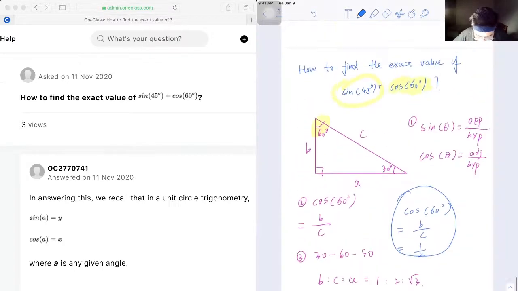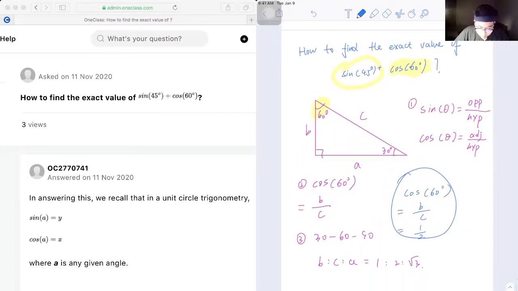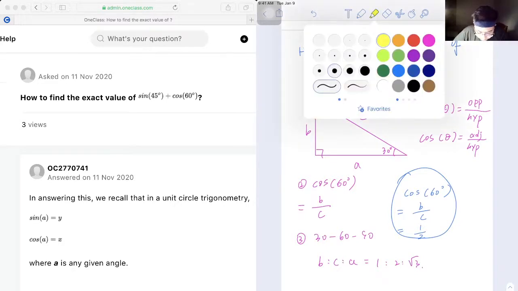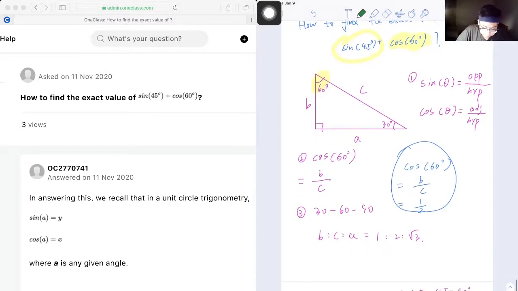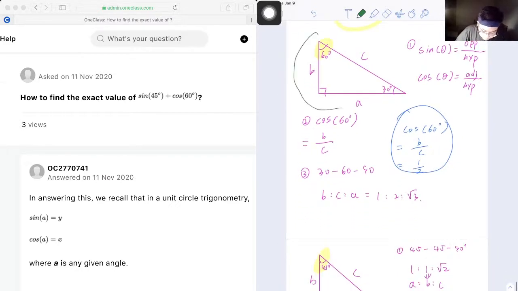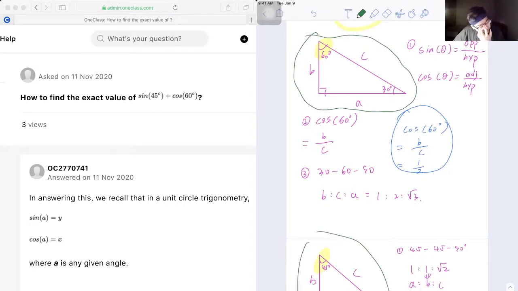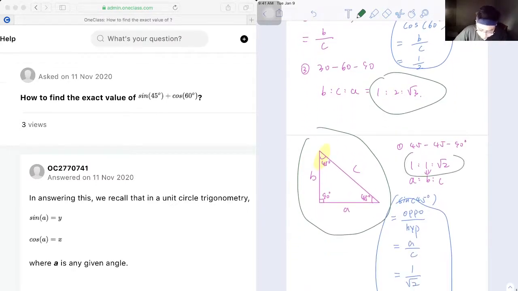Yeah. So whenever you come across a question asking you to find the exact value of either sine, cosine, or tangent at a certain degree, always think about these two special right triangles, because they have special ratios on their sides. This one will be 1, 2, and root 3, and the other one will be 1, 1, and root 2.